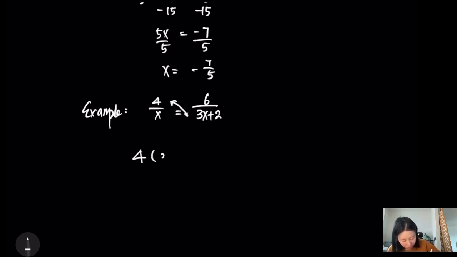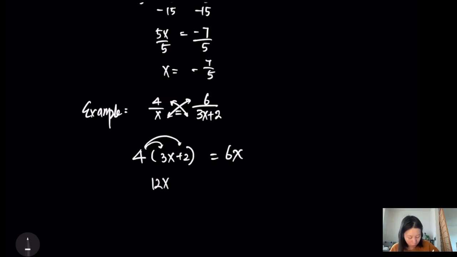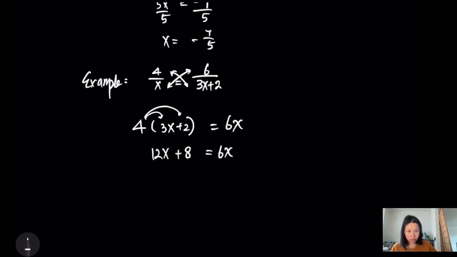I have 4 times (3x plus 2) equals 6x. Now, we distribute 4 inside the parentheses. I have 12x plus 8 equals 6x. We can solve for x by subtracting 6x on both sides. So I have 6x plus 8 equals 0.